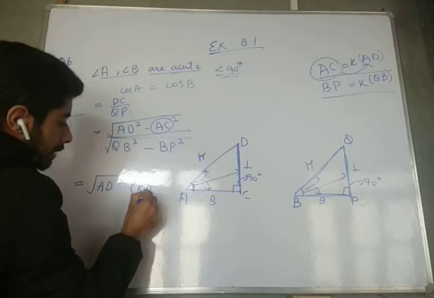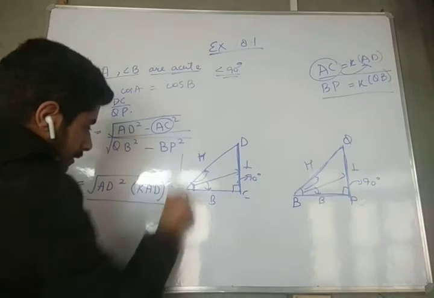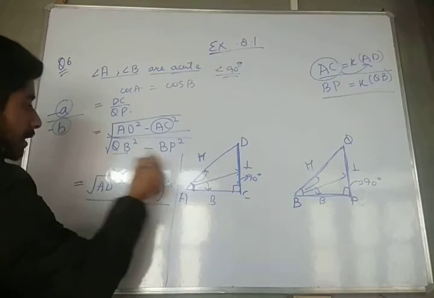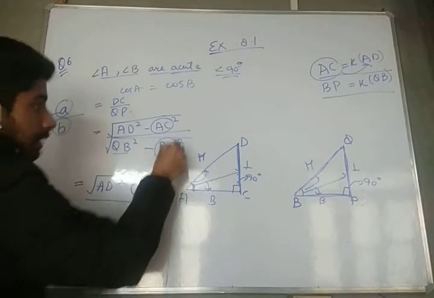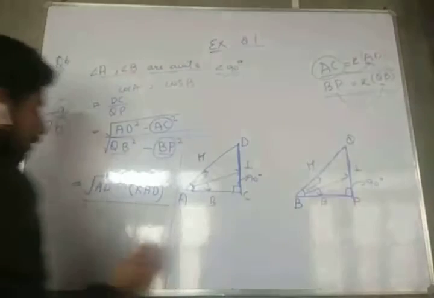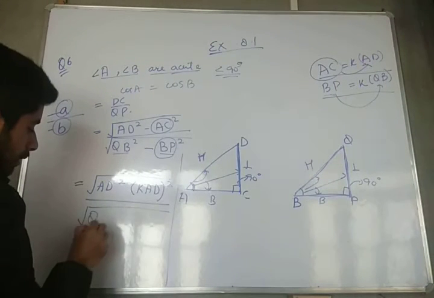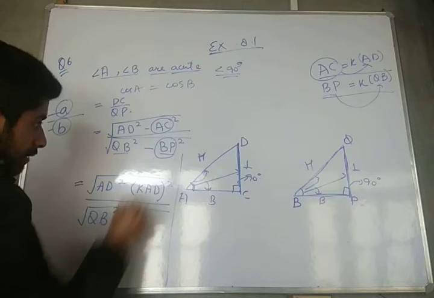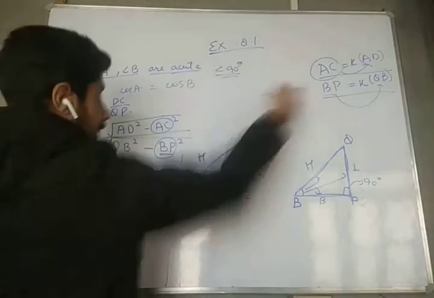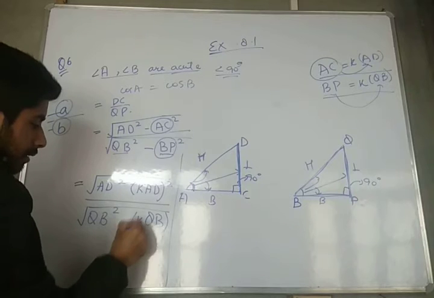So, it's K times AD square divided by, for this QB and this BP from here, it's equal to K times QB. So it is divided by square root of QB square minus, instead of this BP, we can write K times QB square.